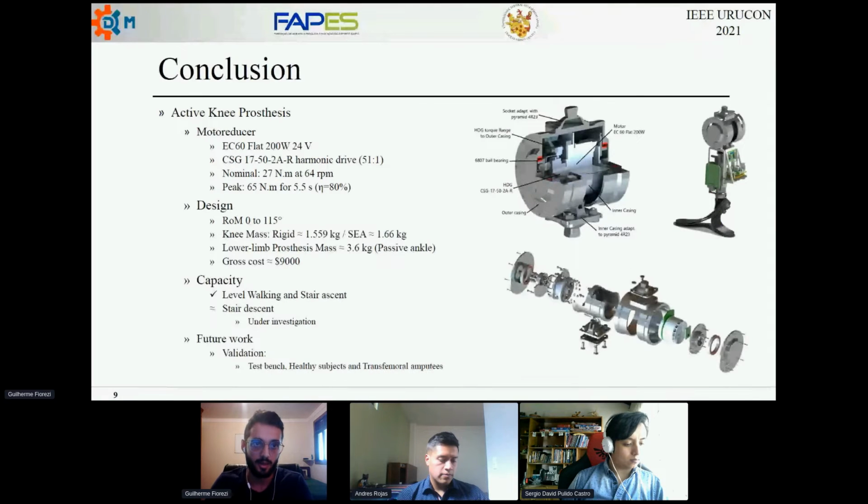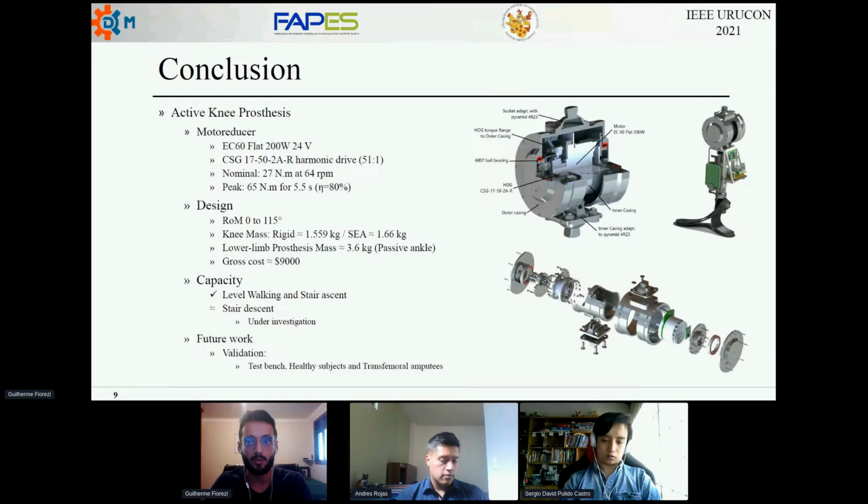So here in this presentation and in the paper, we showed an active knee prosthesis actuated by a motor reducer capable of supplying 60% of the maximum torque requirement, and also other requirements such as range of motion and being low cost.